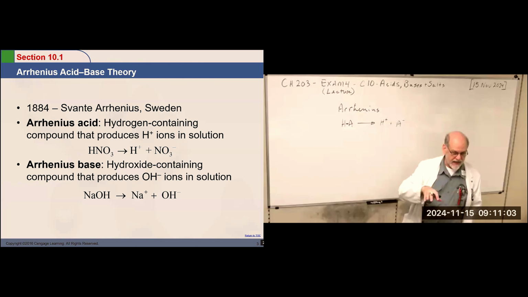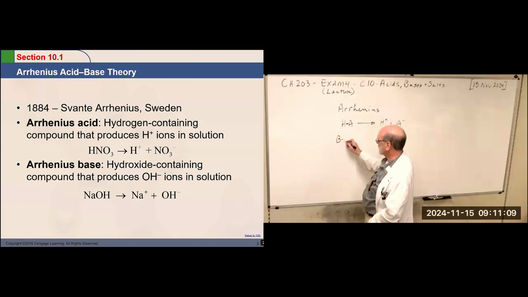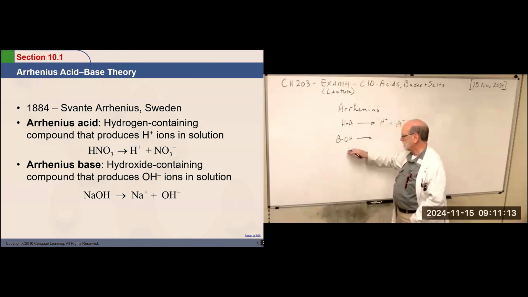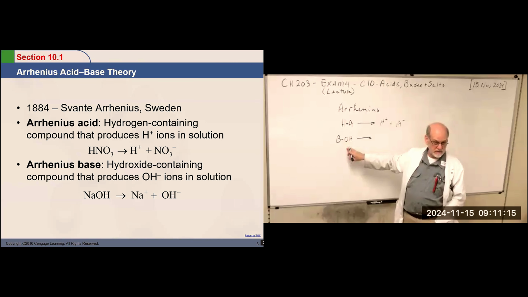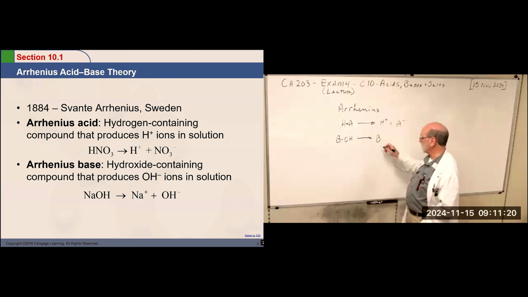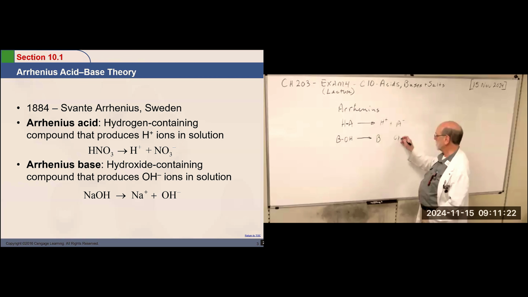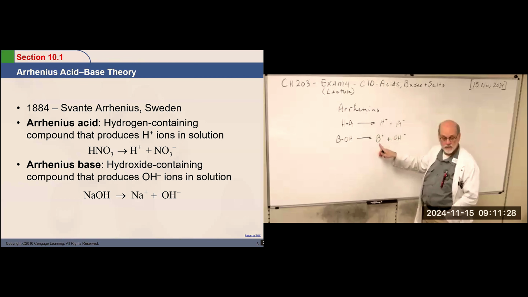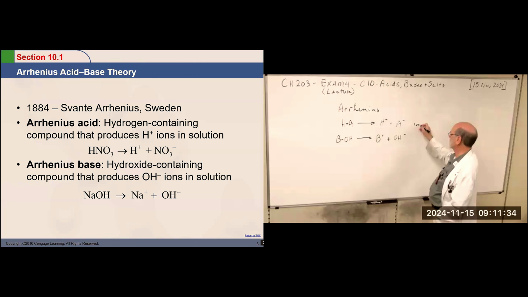The Arrhenius concept of a base has some molecule bound to a hydroxyl in the molecule. And when it breaks loose, the hydroxyl keeps the electron and what's left over has the positive charge. Now this is known as ionization.